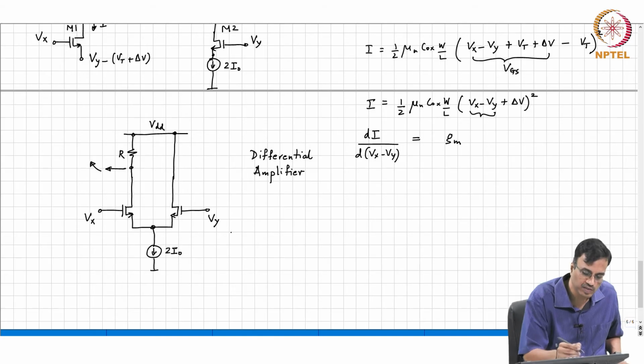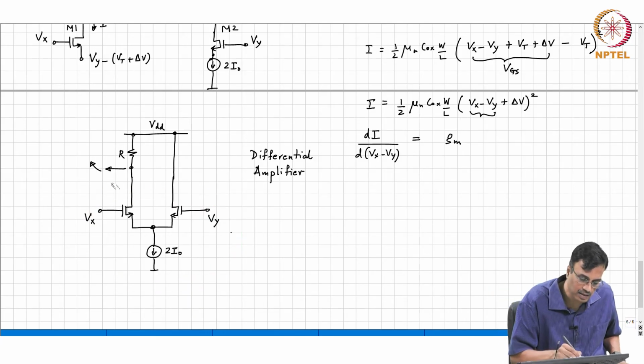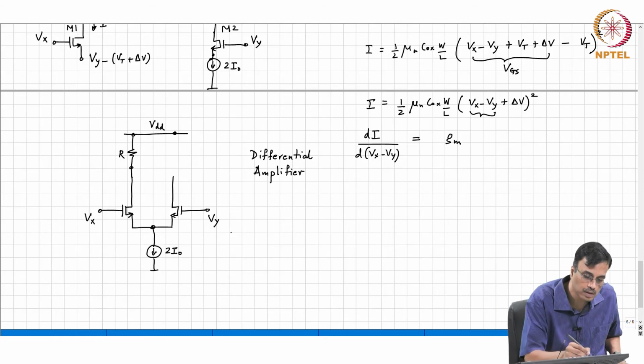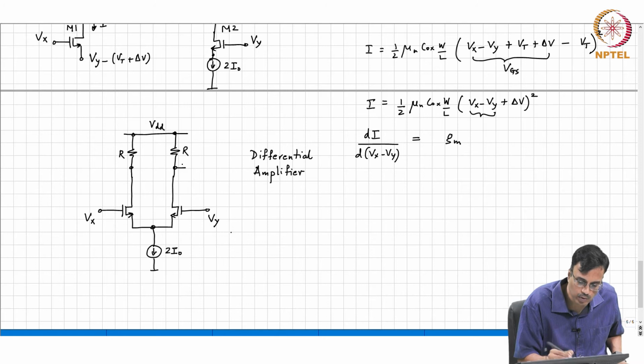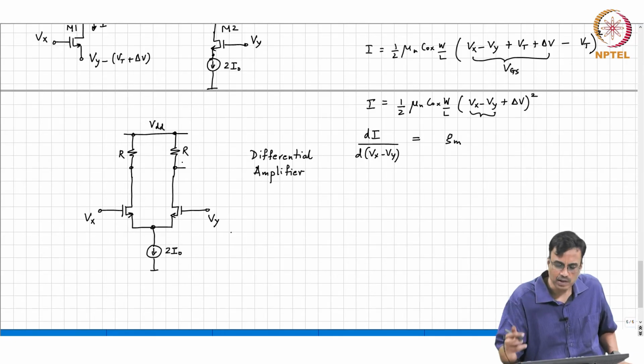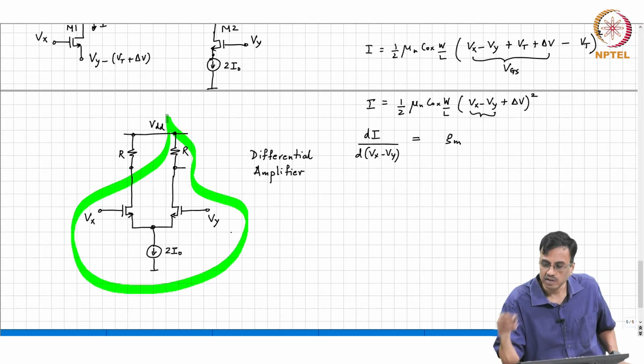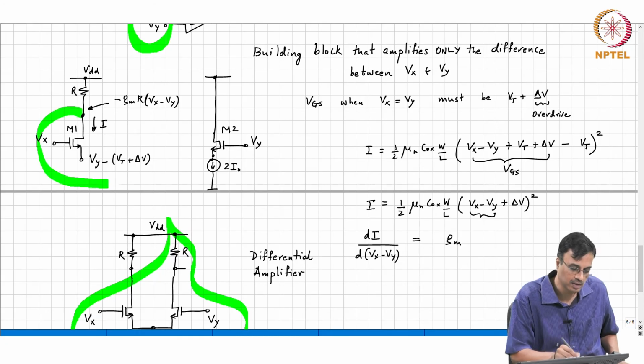I mean, notice the stuff below, it is perfectly symmetric, right. So, basically instead of putting the resistor on the left side, if you put it on the right side, what will you get? What is the difference between that guy and this guy here?